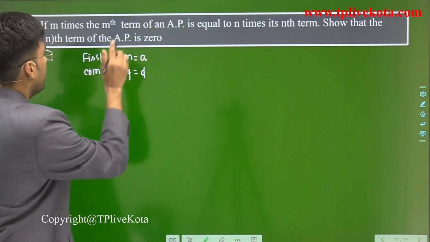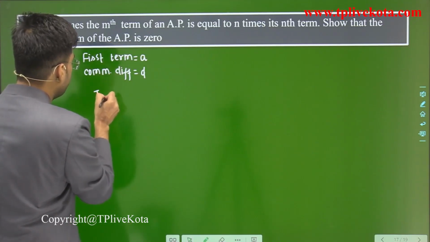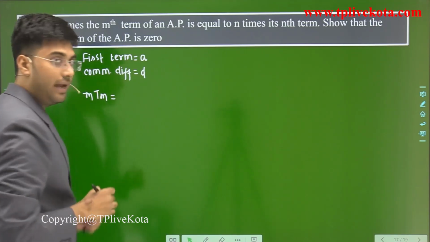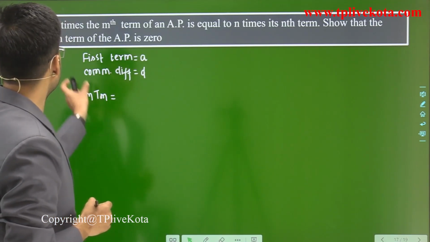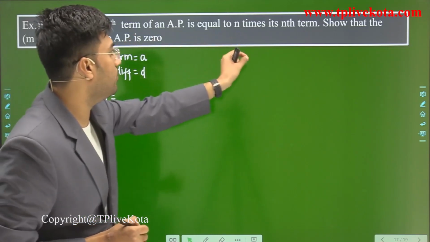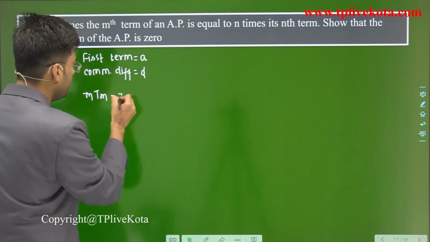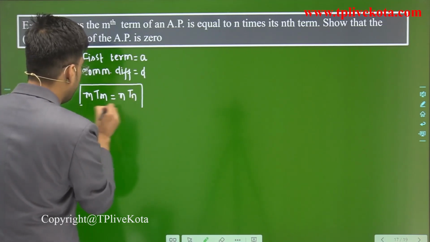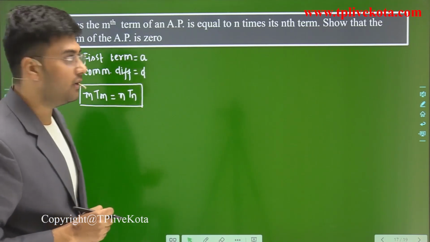Then the mth term is Tm. The given information is that m times the mth term is equal to n times the nth term, and by solving this we get one equation.